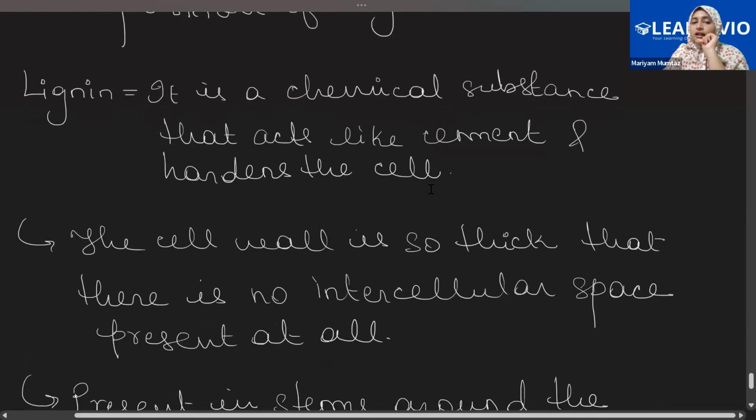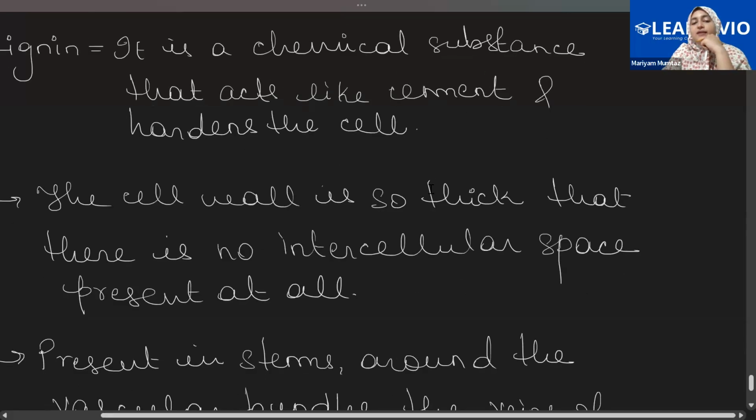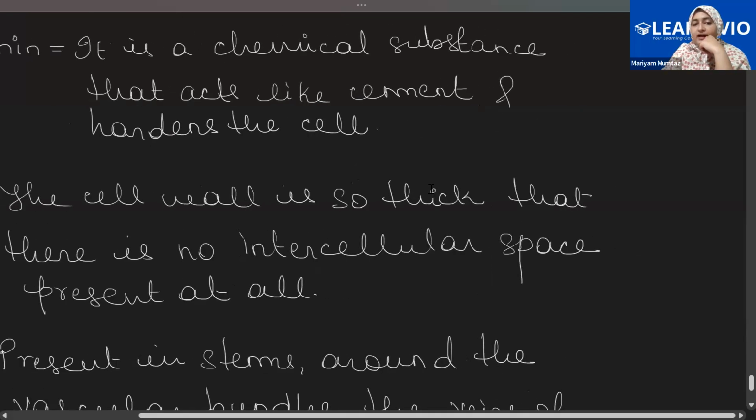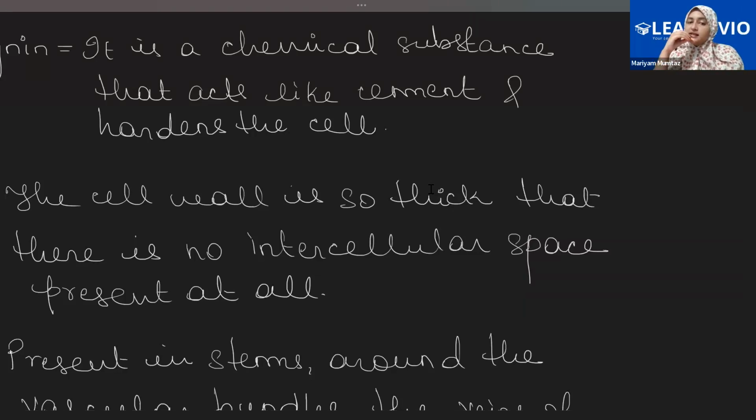Talking about what lignin is, it is a chemical substance which acts like cement and hardens the cell. The cell wall is so thick that there are no intercellular spaces. Starting from parenchyma, we had a lot of intercellular spaces.